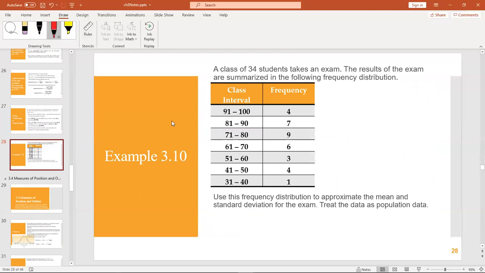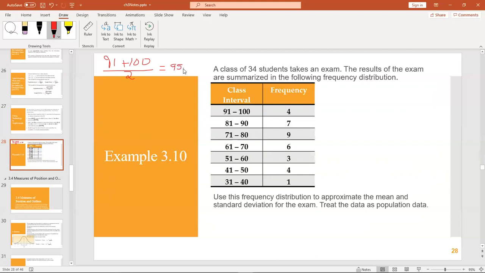If we're going to do the class intervals, essentially what you have to do is find the average of the endpoints of each class. So the first class is 91 and 100. You're going to find 91 plus 100, and then divide that by 2, which is going to give you 95.5.